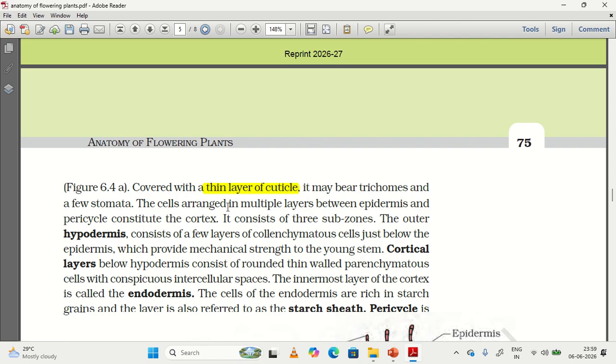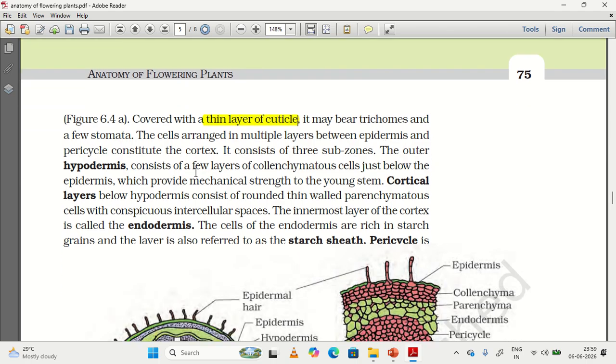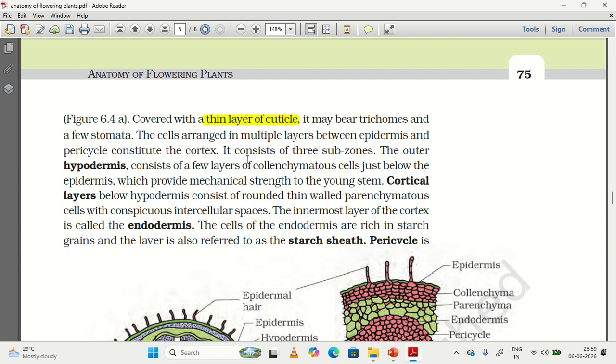The cells are arranged in multiple layers between the epidermis and pericycle and they constitute the cortex. The cortex consists of three subzones. The outermost layer is the hypodermis. It is made up of a few collenchymatous cells.